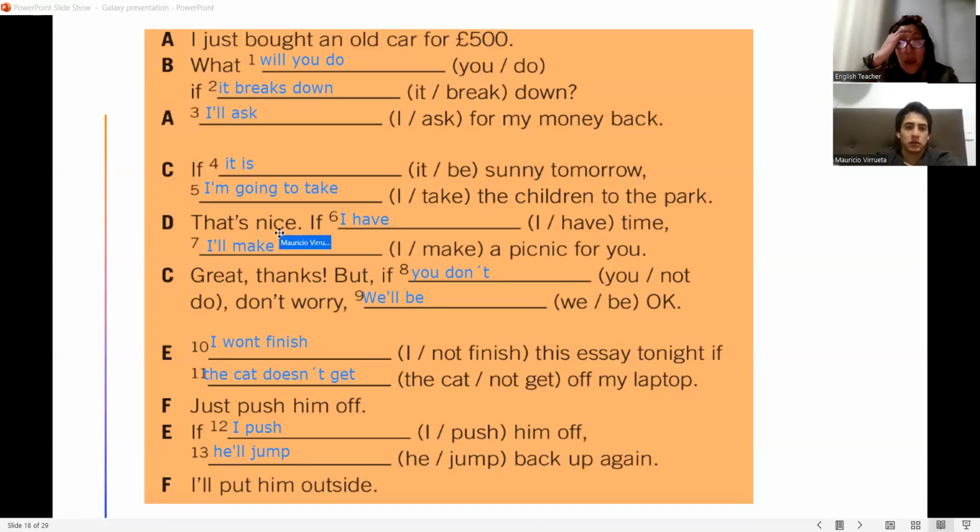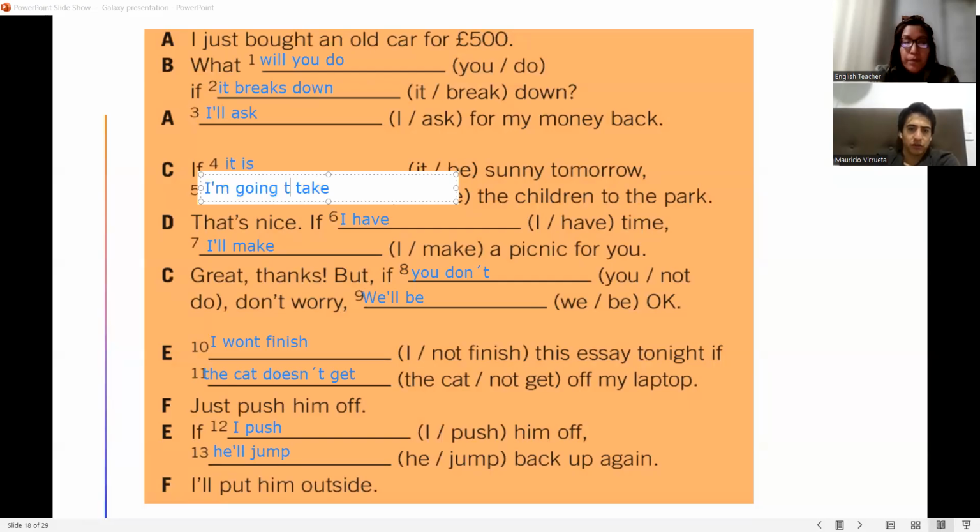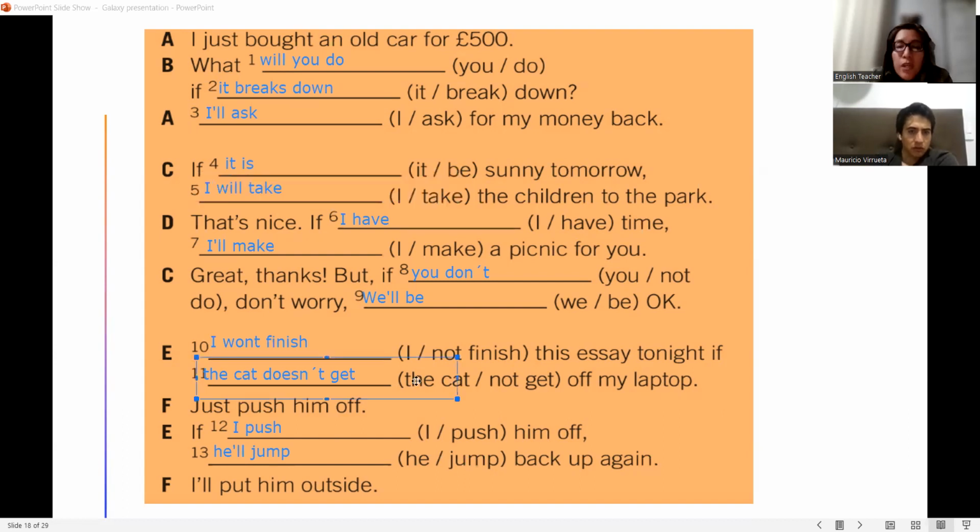I won't finish this essay tonight if the cat doesn't get off my laptop. Just push him off. If I push him off, he'll jump back again. I will put him out. Yes, I'll put him outside.